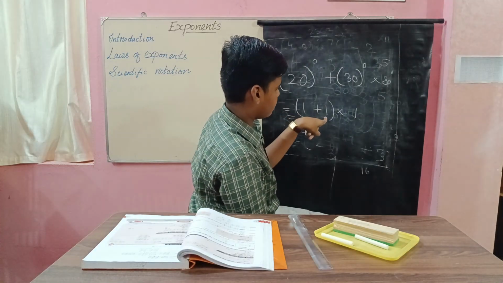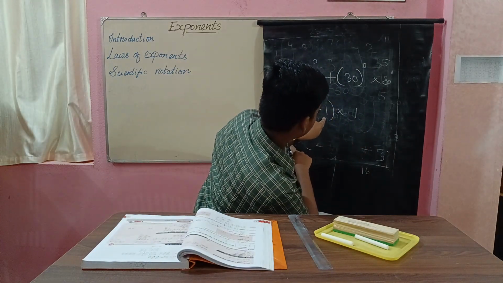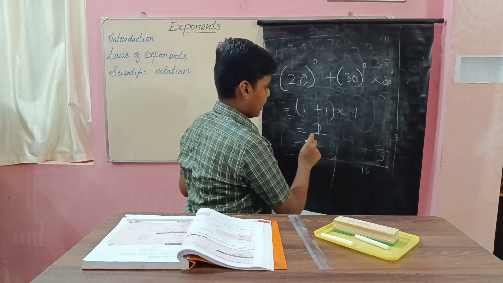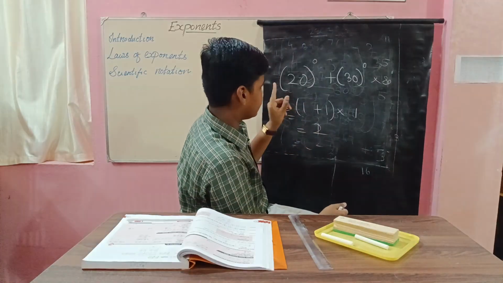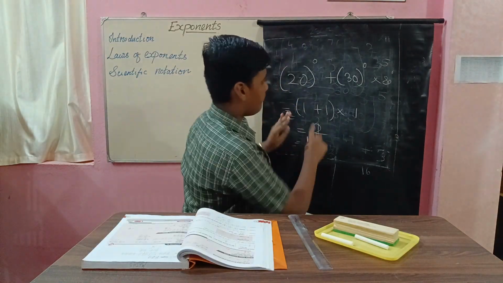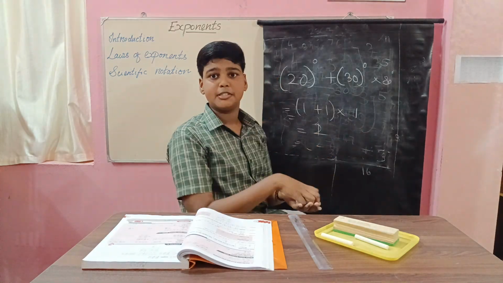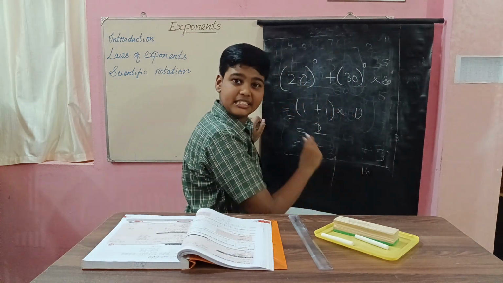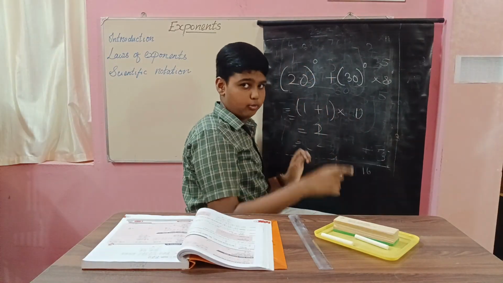Because, no, yeah, it's right only. So 1 plus 1 into 1. The answer is 2, sorry. So here 1 plus 1 into 1, answer is 2, but in most cases we get the answer as 1. If it's a single number, it's 1. But here just solve it, okay? So 1 plus 1 into 1, its answer is 2. If it's 0, the answer is 0. But if the 0 is the power, the answer is 1.